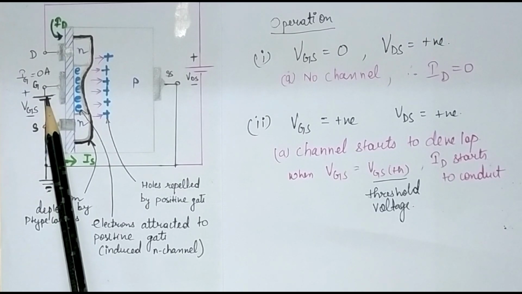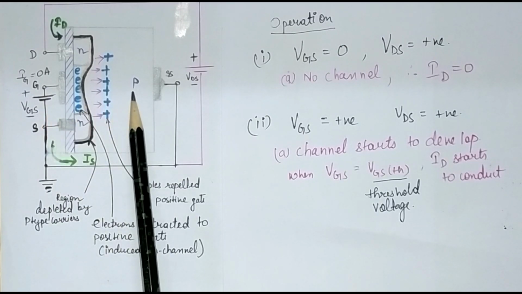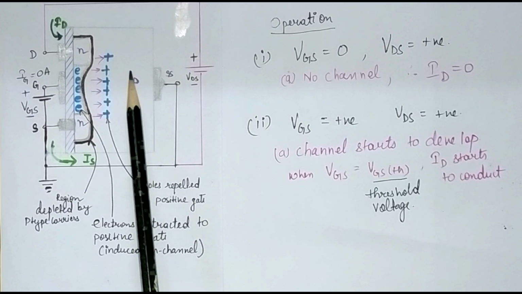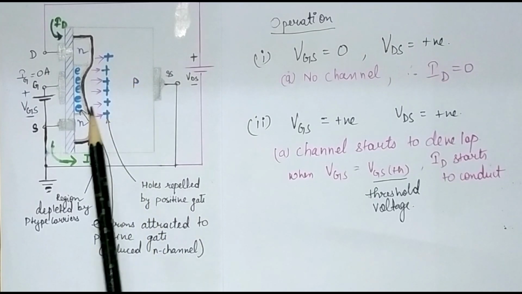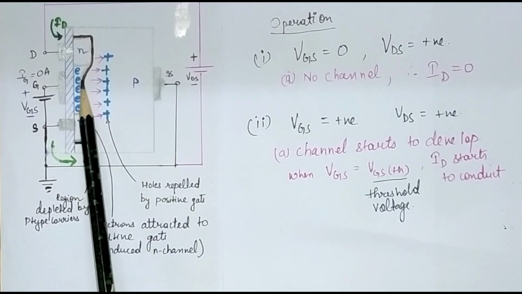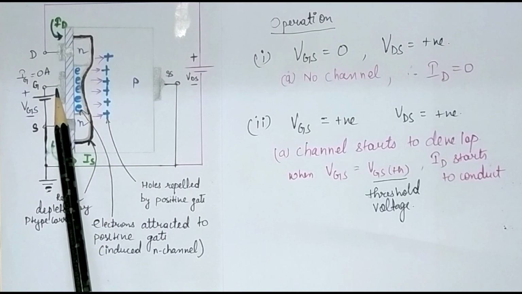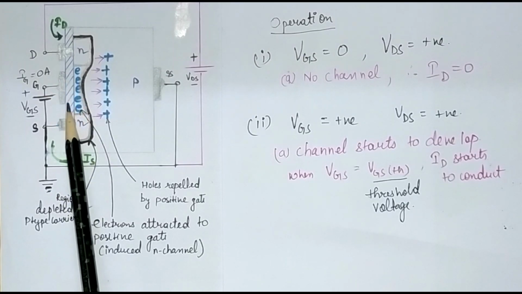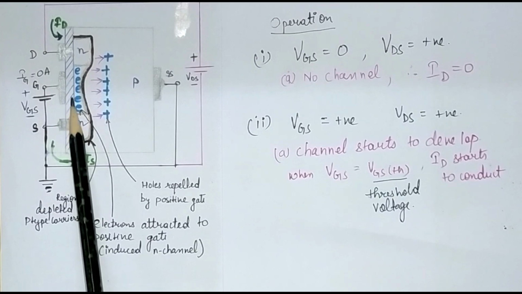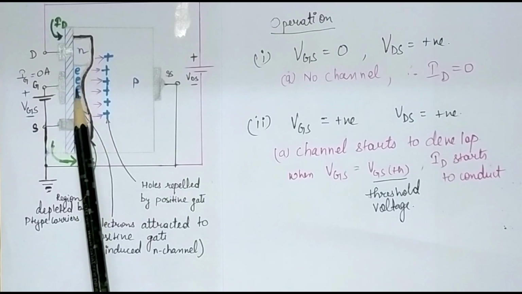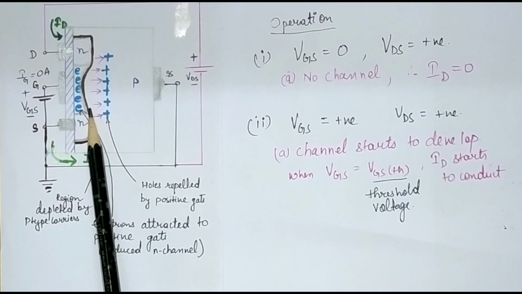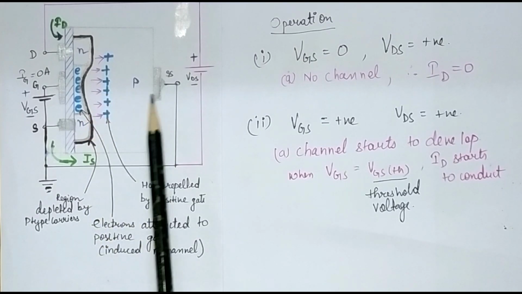What will happen? The minority charge carriers, that is the free electrons present in the p-type substrate, will get accumulated here, because there is a force of attraction with this positive terminal, but they will not cross it because there is a silicon dioxide layer which is the insulating layer. So they will accumulate over here and all the holes will move to this side.